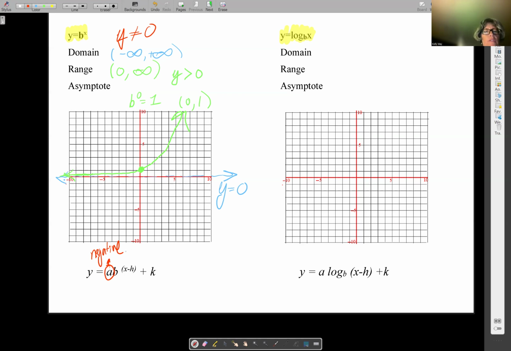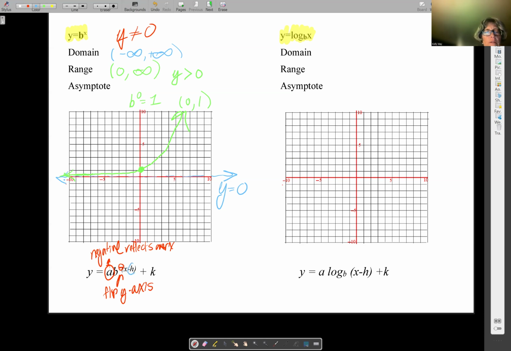So if that's negative, it reflects over the x-axis. And then here, if there is a negative exponent there, that's going to flip it over the y-axis.